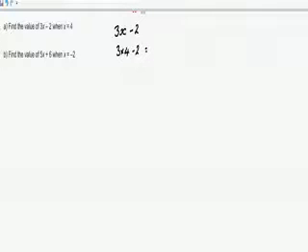Remember BODMAS says that we multiply before we add or subtract. So 3 4s are 12, and 12 minus 2 is 10. So our answer here is 10.